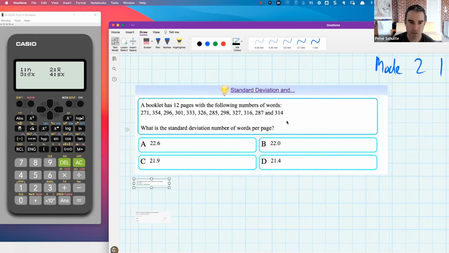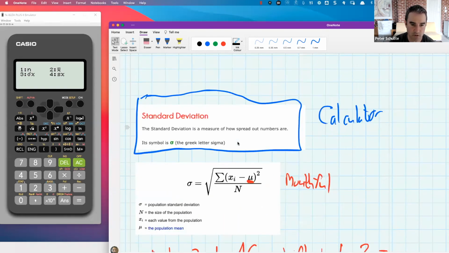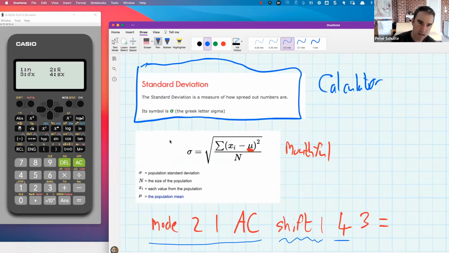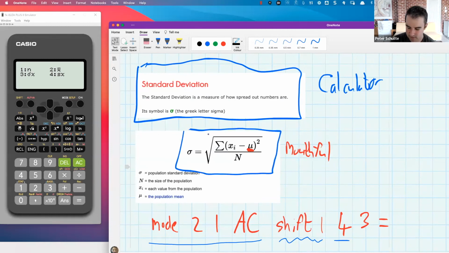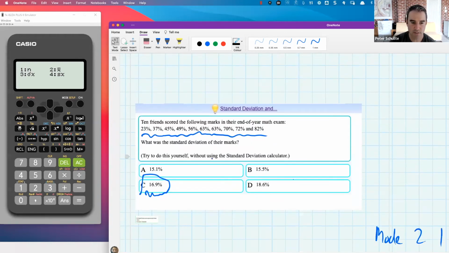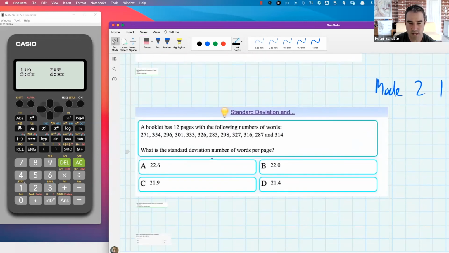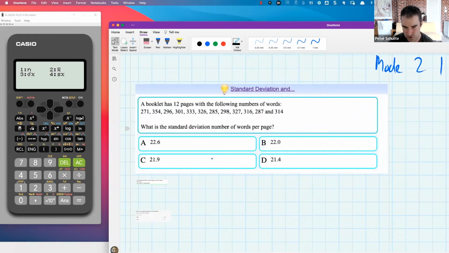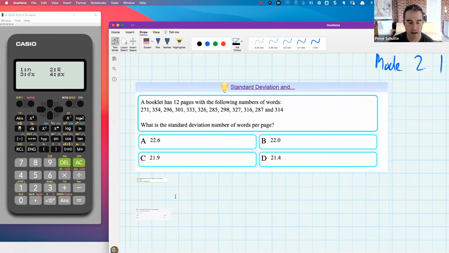If you do it manually, you're basically going to be using this formula over here, but they would always give you a template to follow. Does that make sense? 90% of the time, the exam question is going to be where you have to work out the standard deviation and then apply it to a question. That's what I'm focusing on for now, just because of time. Okay, sir. Thank you. Pleasure.